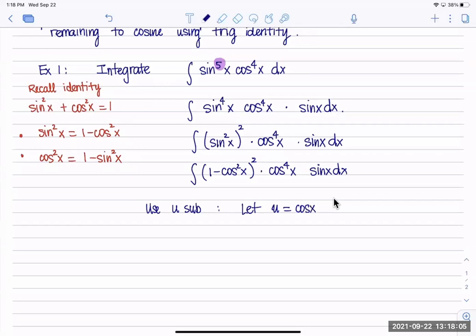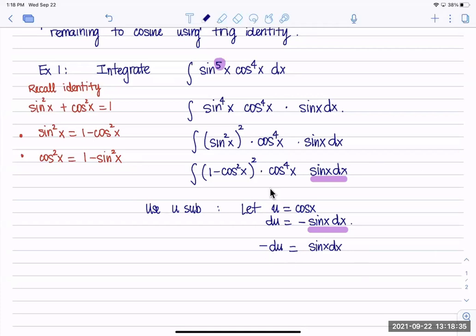The derivative of cosine is negative sine x dx. You can see this is the same as that, the only difference being the negative. So I multiply both sides by negative and get negative du equals sine x dx.